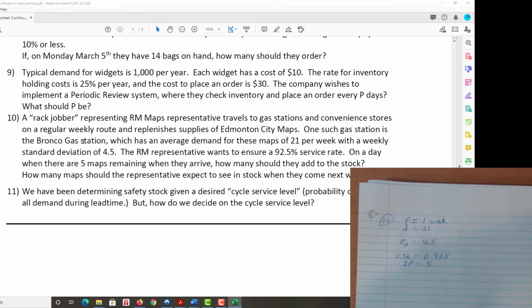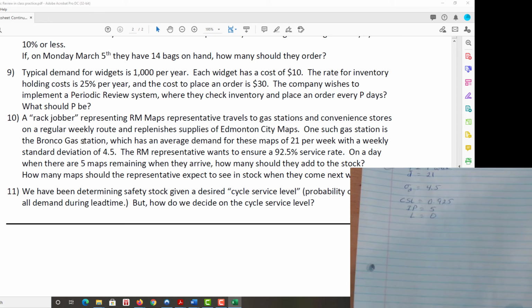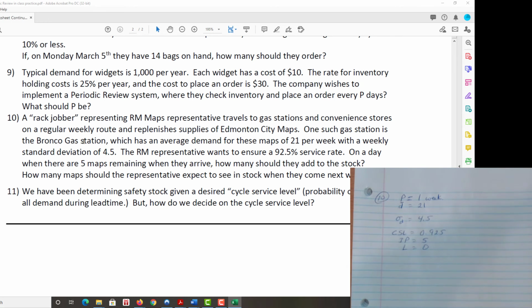Now it looks like the tricky part is lead time. He goes into the truck or the car or whatever and grabs some items. So that's an interesting twist. Lead time is technically 0. And that's not uncommon. That's typical in those days when people used to go around selling stuff. Often it was in the van, and they just count up how many you needed.